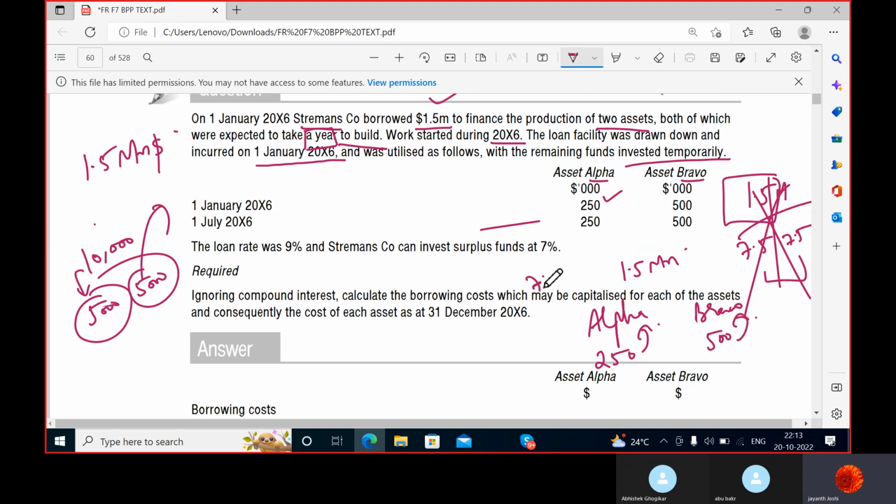So 7.5 they utilized, and 7.5 is left over with them that they are investing.